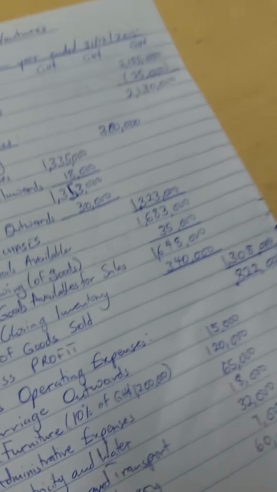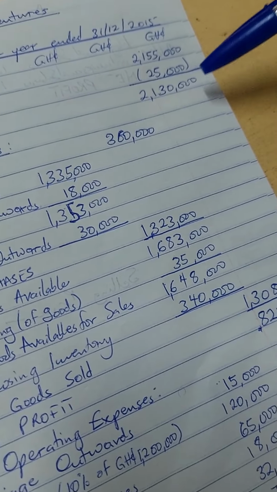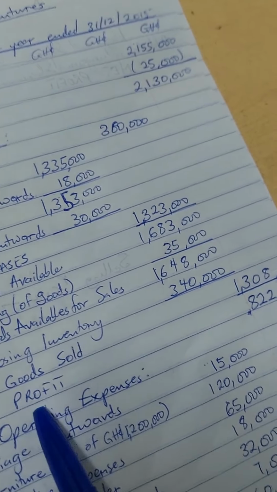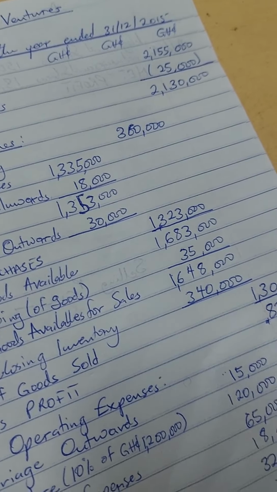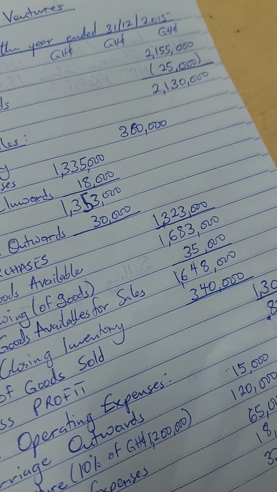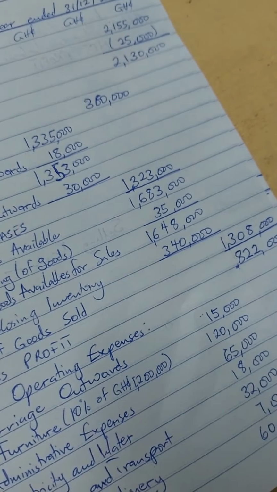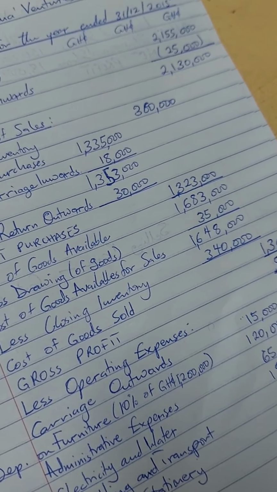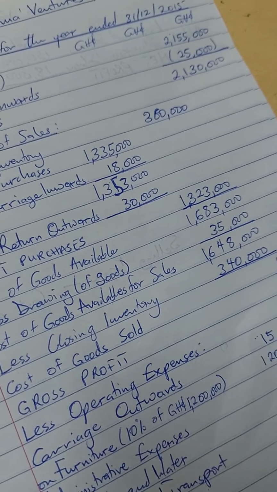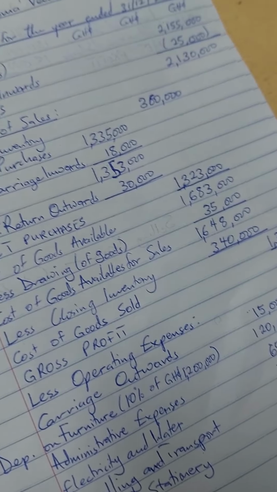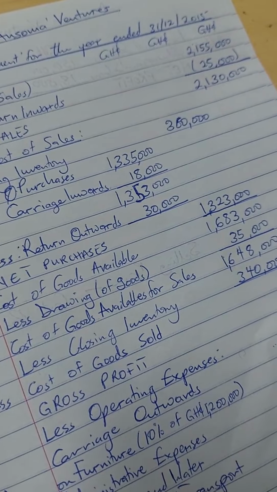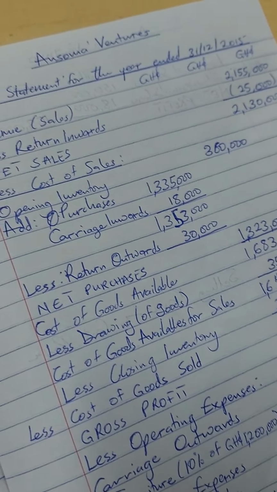Now, when we subtract the cost of goods sold from the net sales, we get gross profit. We call it gross because we've not factored in all the elements that accounted for the sales. There are some other expenses we incurred that we have not brought in here. So we call it gross profit.